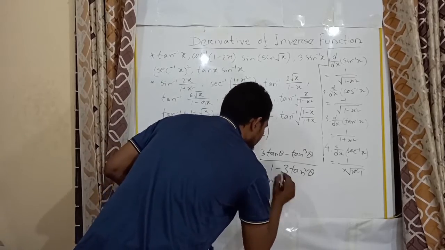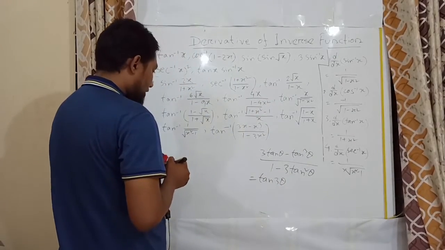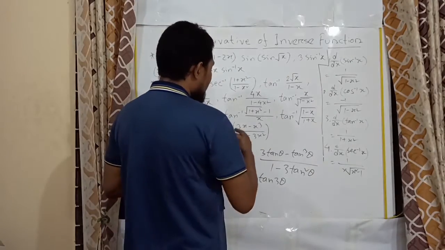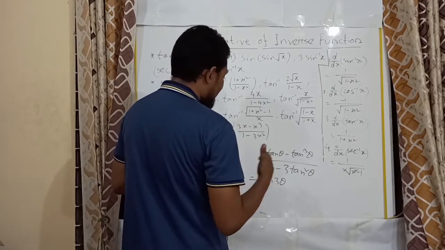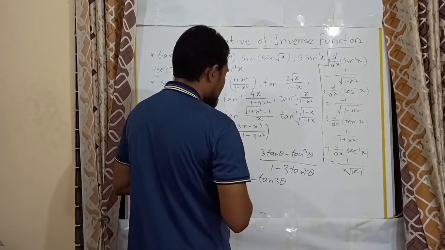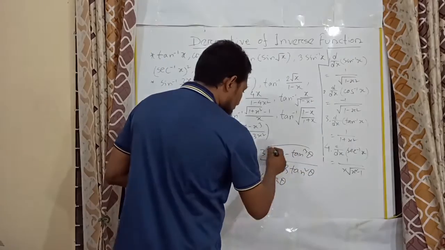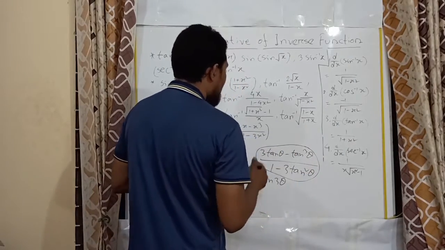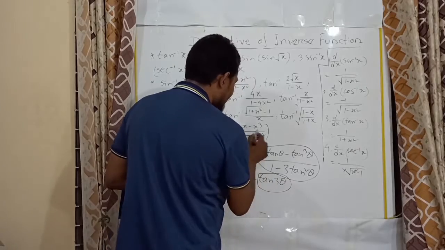So this formula gives us tan 3 theta. So if we take x equal to tan theta, then we will get this kind of form, and we can write tan 3 theta here.